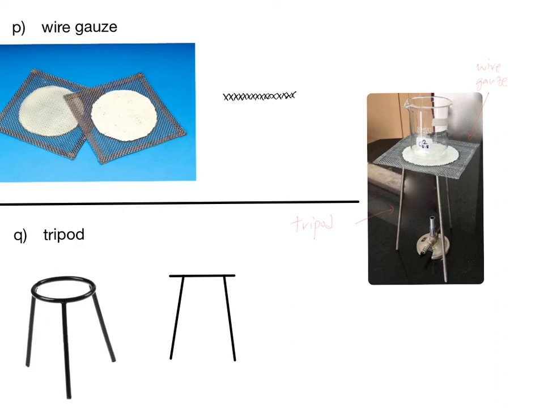This is usually used to support a beaker for heating. So how can we draw a wire gauze? One very simple way, just a lot of crosses will do. Just make sure that these crosses are horizontal, aligned together.